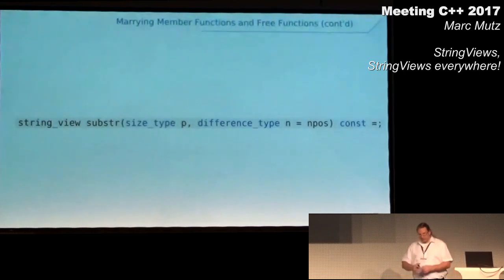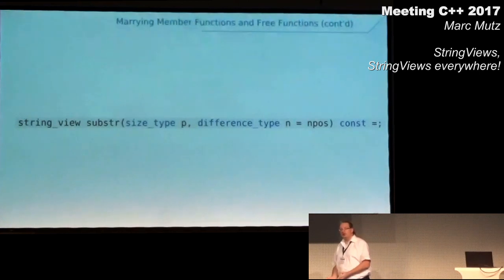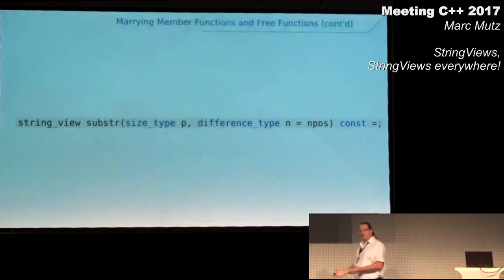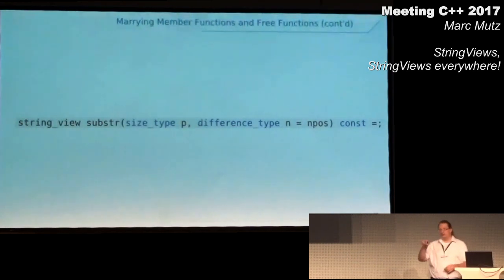So I talked about how this may be something for the next standard. How do we tell the compiler that a member function should receive the object on which it is called by value? This might be an idea with the equal sign at the end, because we have an ampersand, that is an lvalue, and a double ampersand, that's an rvalue reference, and we know equal from lambdas means by value. So maybe, I don't know. Or maybe people will see the 0 there for making it a pure virtual function.